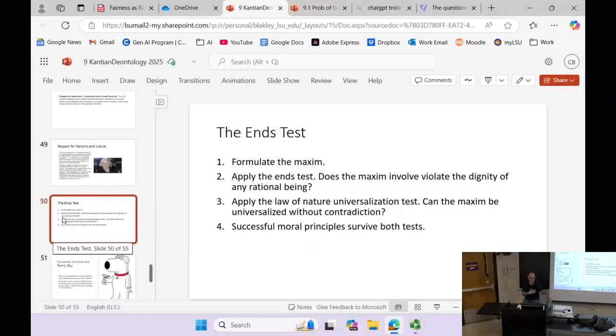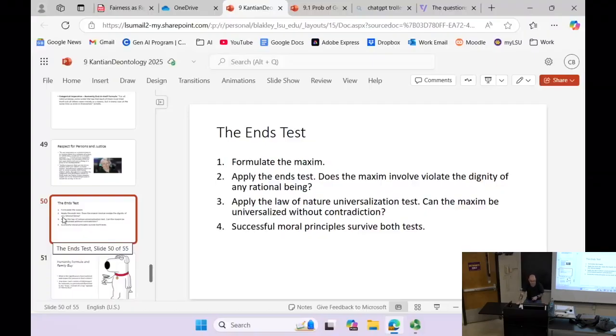So we can get a different test out of Kant, this time the ends test, right? So first, formulate the maxim, apply the ends test. Does acting on the maxim involve violating the dignity of any rational beings? If you can get informed consent, then it's a different matter. But if I'm lying, I'm withholding information that's relevant, then I'm engaged in manipulation of others, treating them like a thing.